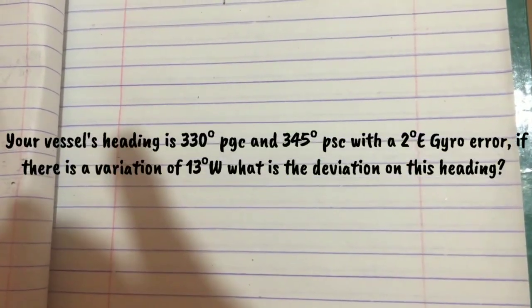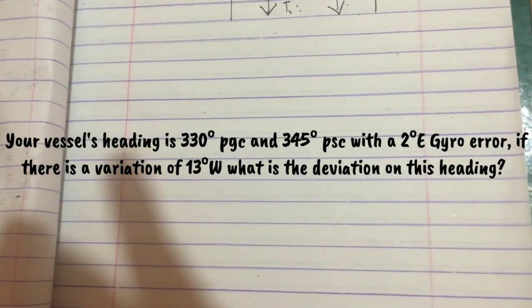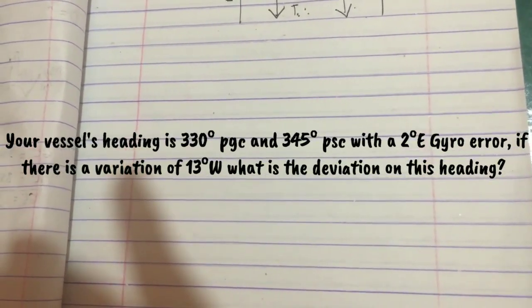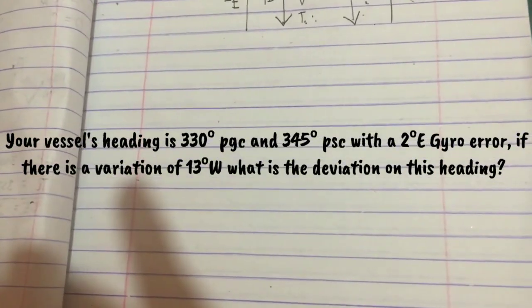Okay, so this time we will be solving a problem. The situation: your vessel's heading is 330 degrees per gyro compass and 345 degrees per ship's compass with a 2 degrees east gyro error.